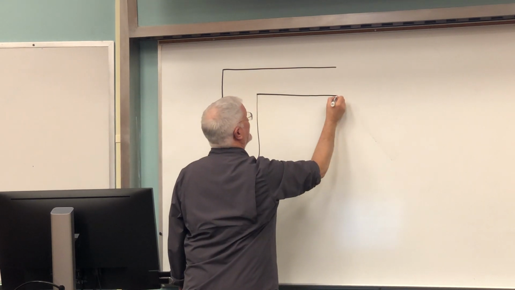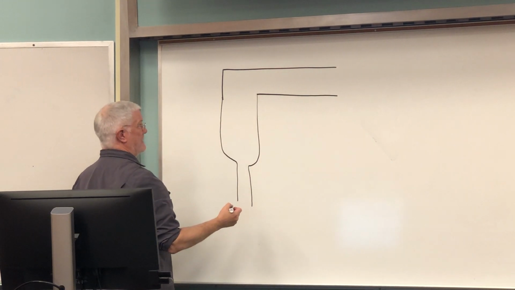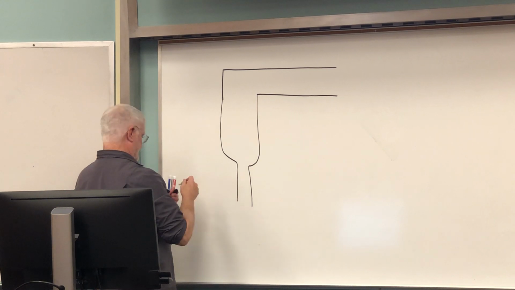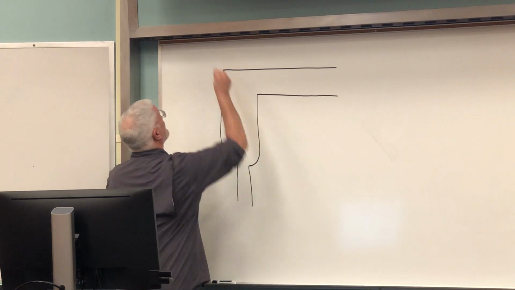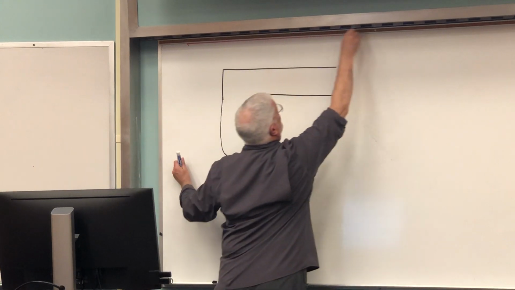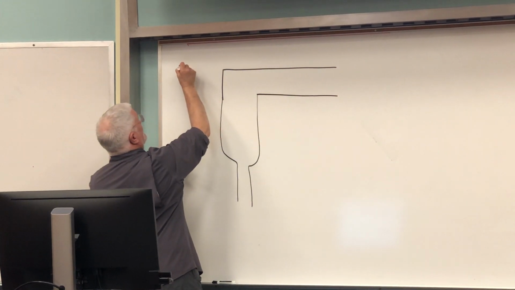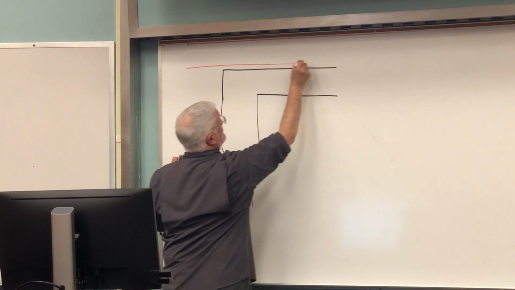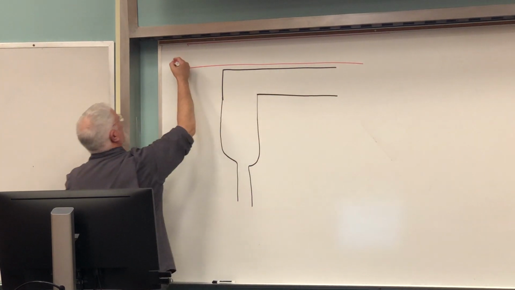Trying to draw big enough for you guys to see, but not too big that I run out of space to put things in. All right, so this would be a peritubular capillary.